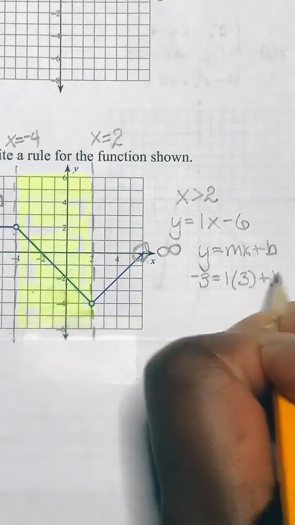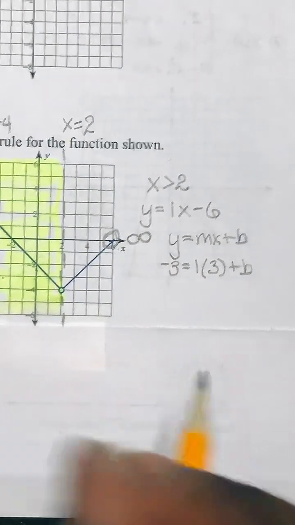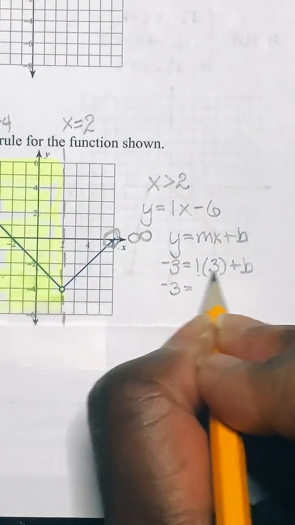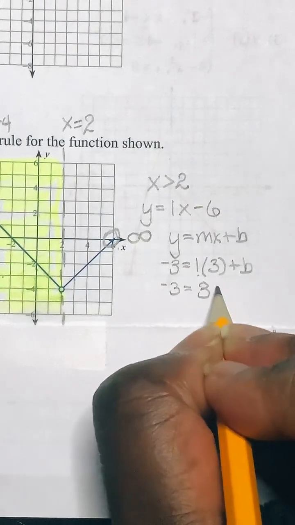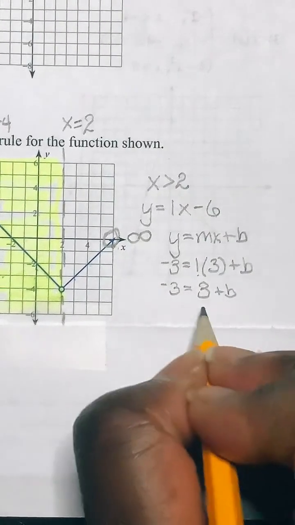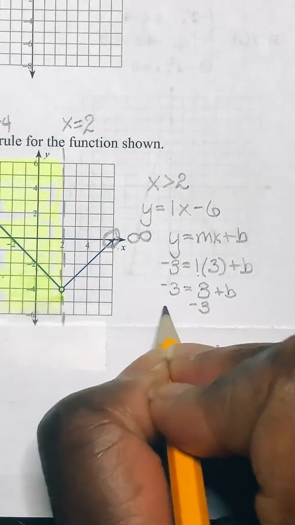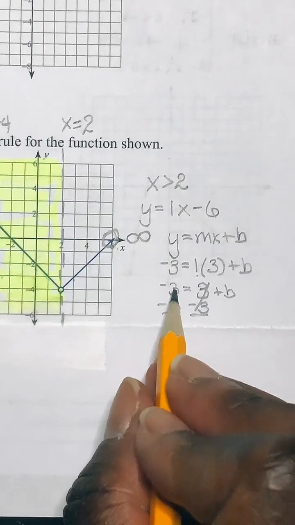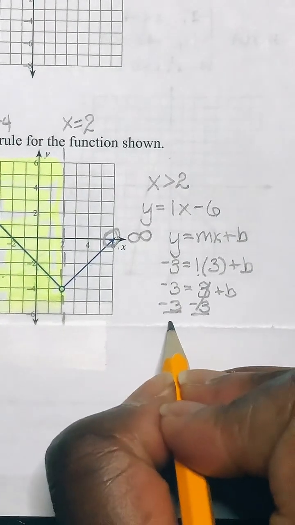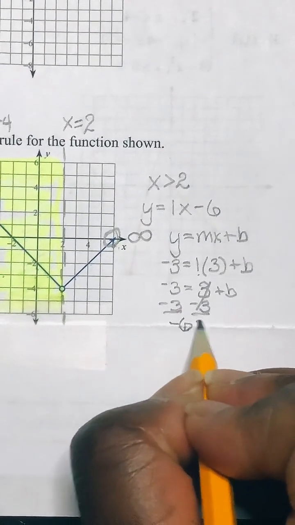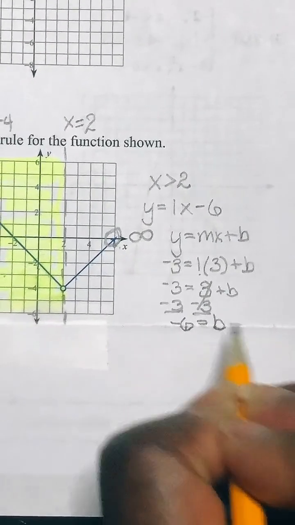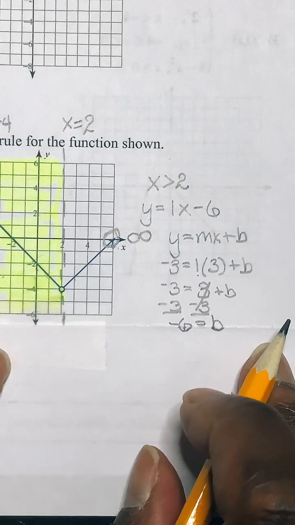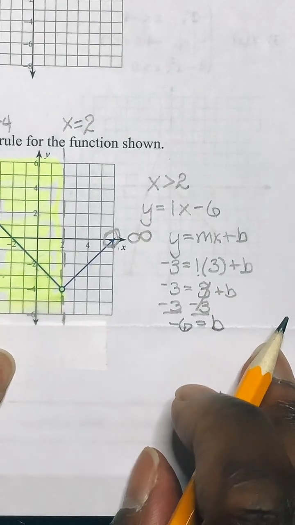Let me see if I can find my b. So we have -3 is equal to 1 times 3, which gives me 3. Subtract the 3 so I can isolate my b. -3 minus 3 gives me a -6. Okay? So, like I always like to say, there's multiple ways of getting the same answer.